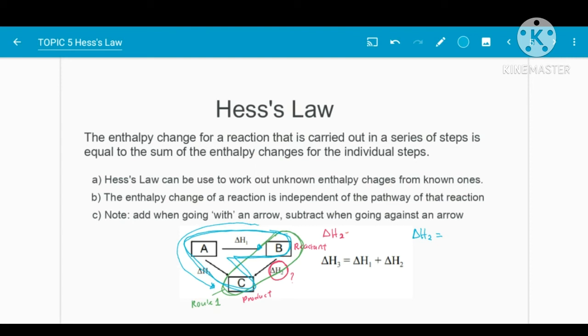When the arrow is opposite, delta H1 becomes negative, negative H1, and plus H3, which goes through the same arrow. So the sign for delta H3 remains positive. This is the formula to calculate delta H2. It depends on what type of enthalpy change we want to calculate.